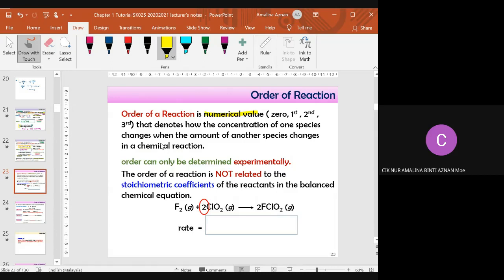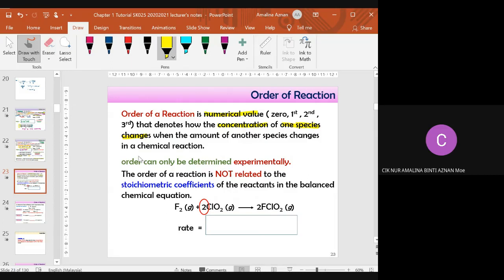It will denote, or show, how the concentration of one reactant species changes when the amount of another species changes. So if you have reactant A and reactant B, what is the relationship, how it can double in direction and so on. Later I'll go through the examples with you in detail.